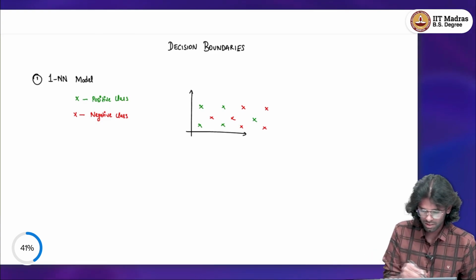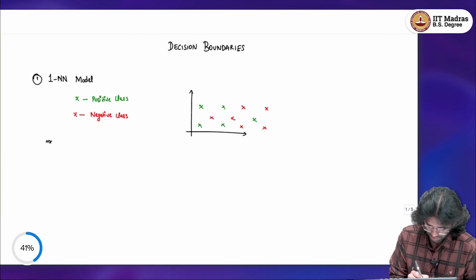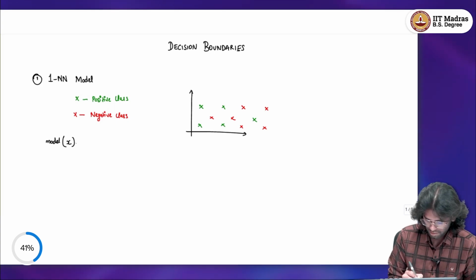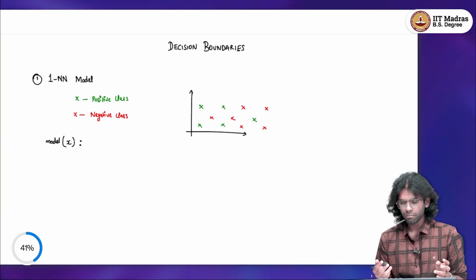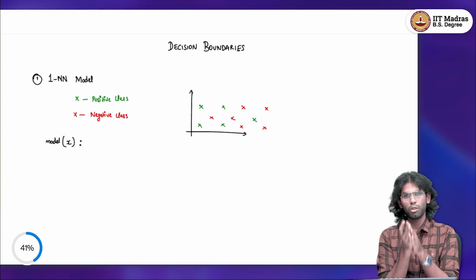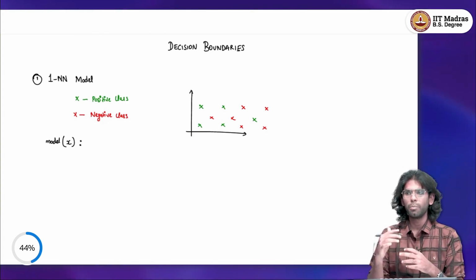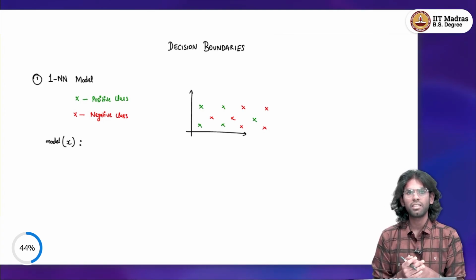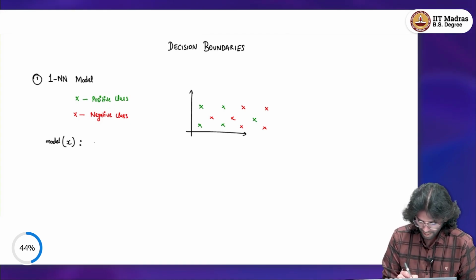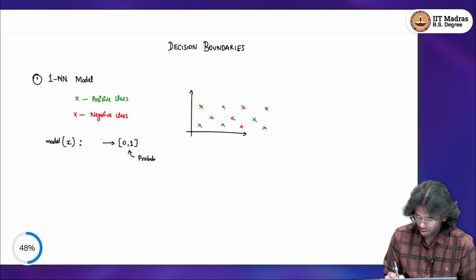What our model is essentially doing is, in the binary classification setup, it takes in some x and in most cases it actually gives a probability, like we saw in the neural network case where the outputs were 0.9 and 0.1, where 0.9 would be the probability or the confidence the model has in its prediction. So the model outputs some number between 0 and 1, which is the probability of the positive class.